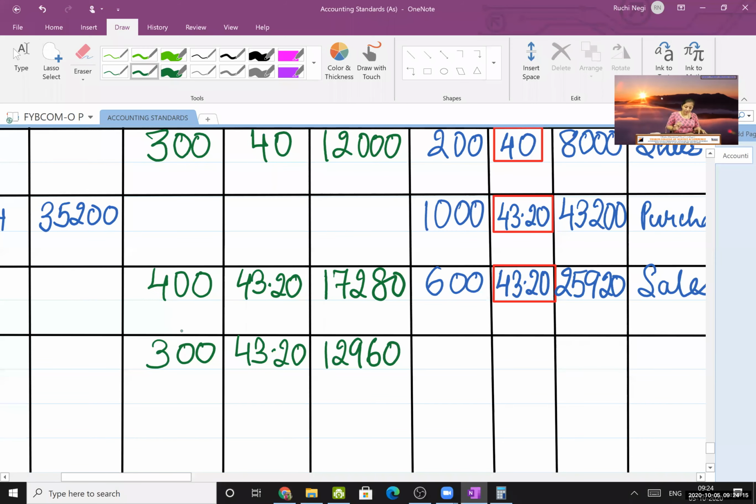12,960. Okay. Same logic. Quantity: 600 minus 300 is 300. Then amount minus: 25,920 minus 12,960 is 12,960.